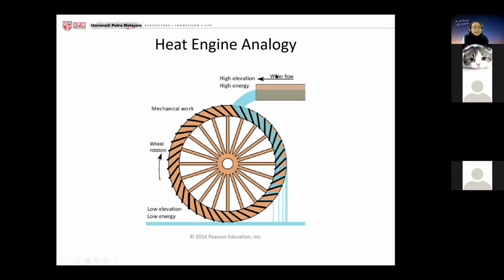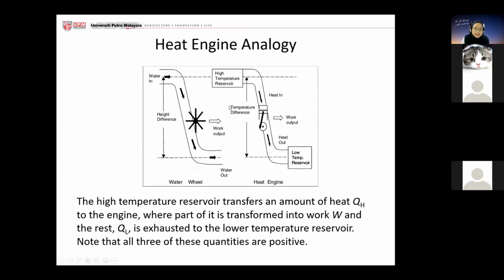So imagine that this one is water, with your high potential energy. In a heat engine, you have a very hot situation, a high temperature reservoir. As the heat moves from this high temperature place to a lower temperature, the temperature difference is going to generate the work.